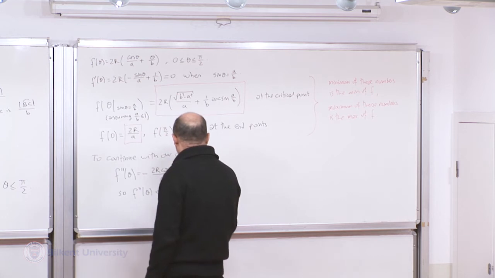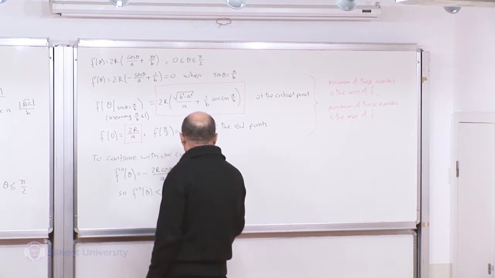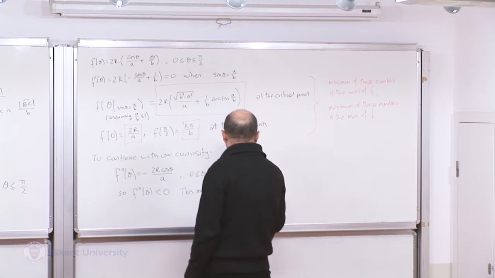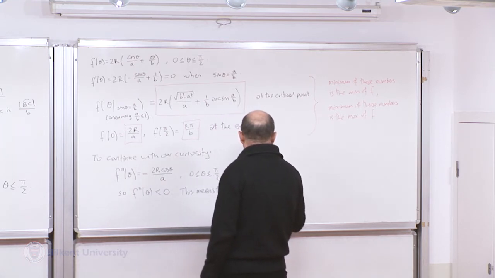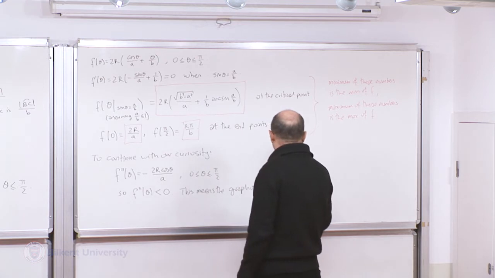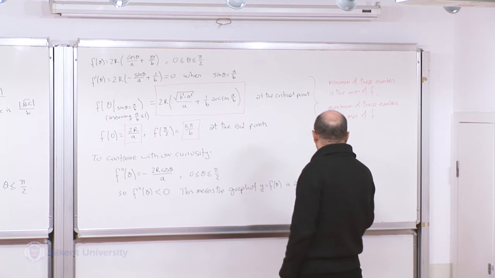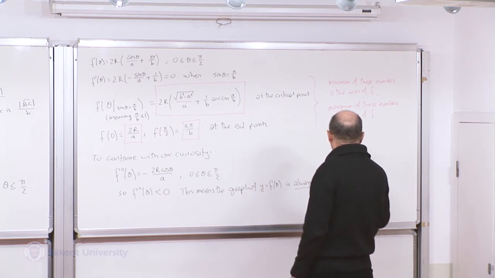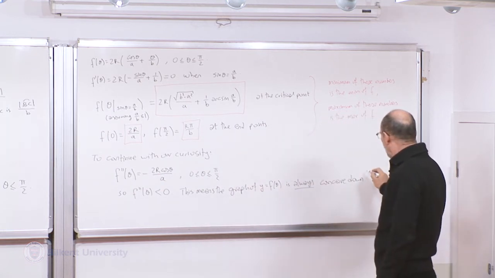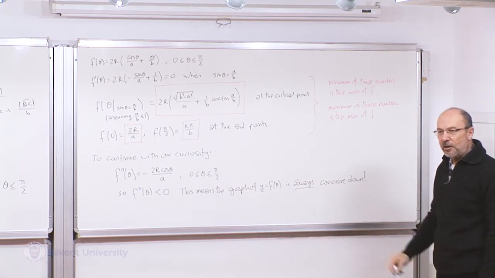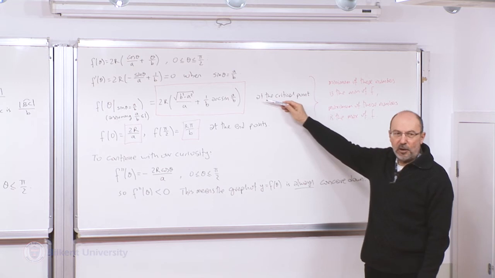This means the graph of y equals f of theta is always concave down. I put an exclamation mark here. So what does it mean? It means that the critical point is always the maximum.